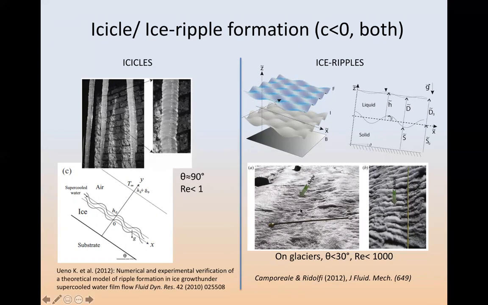I repeat, this is ice, it is not snow. You see transversal perturbations orthogonal to the slope of the glacier. So they are shaped and formed during melting, during the formation of a thin flow of water, melting water.